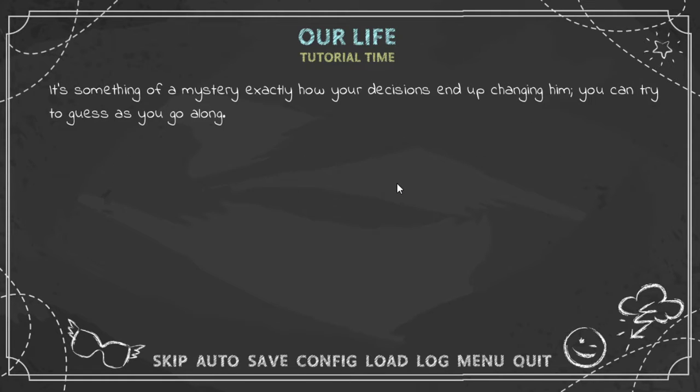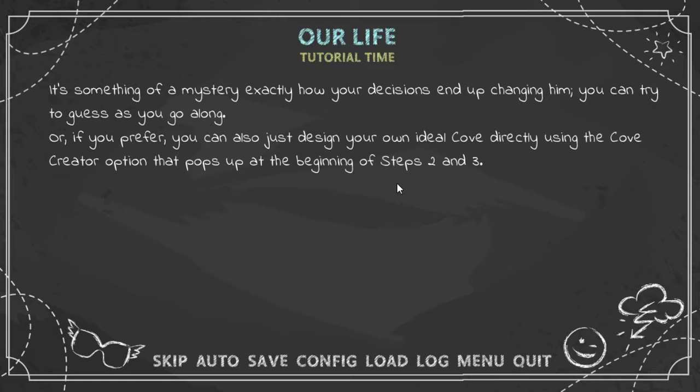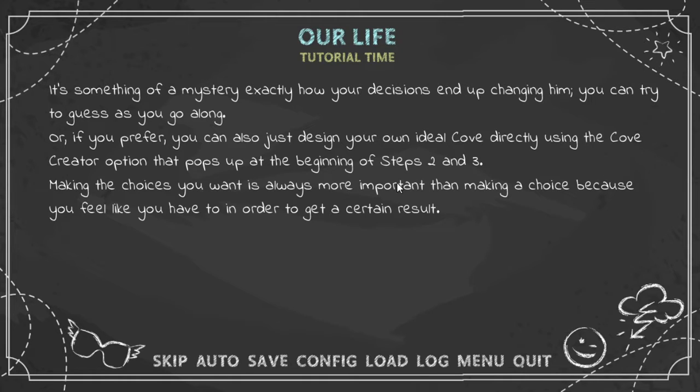It's something of a mystery exactly how your decisions end up changing him. You can try to guess as you go along. Or if you prefer, you can also just design your own ideal Cove directly using the Cove Creator option that pops up at the beginning of step 2 and 3. Making the choices you want is always more important than making a choice because you feel like you have to in order to get a certain result.